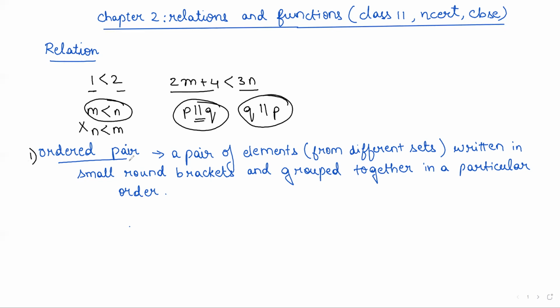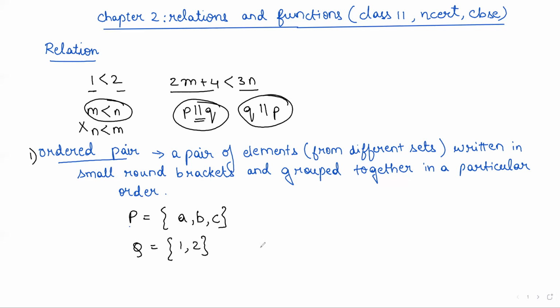So what do you mean by ordered pair? Pair, if you understand, is two quantities. You require two quantities. Which are these two quantities? Let's understand the statement with the help of an example. Let us consider P and Q as two sets. P contains three elements, A, B, and C, and Q contains two elements, 1 and 2.